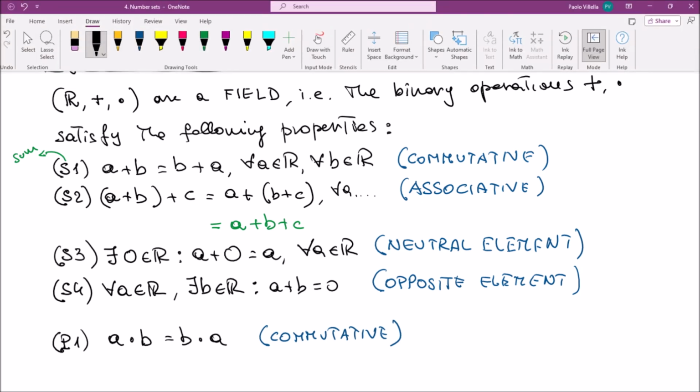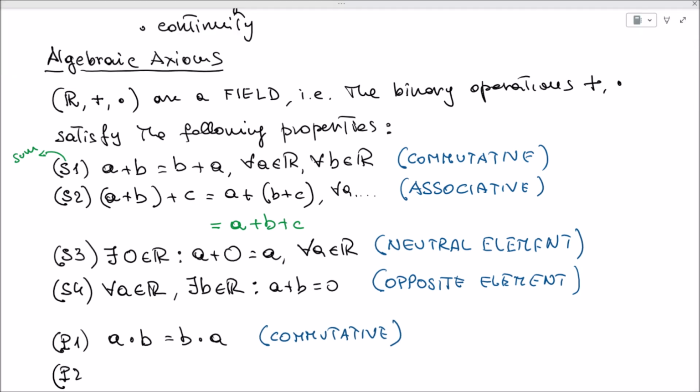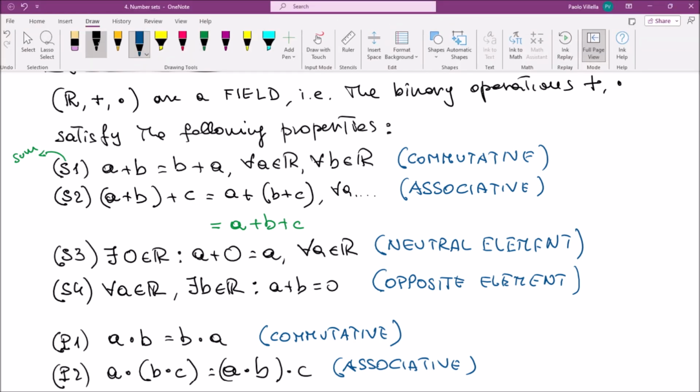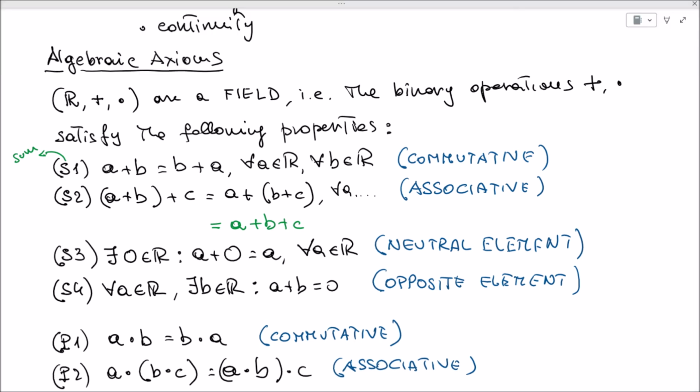Then we have P2 that says that A times B times C is equal to A times B times C, and this will be the associative property of the product.